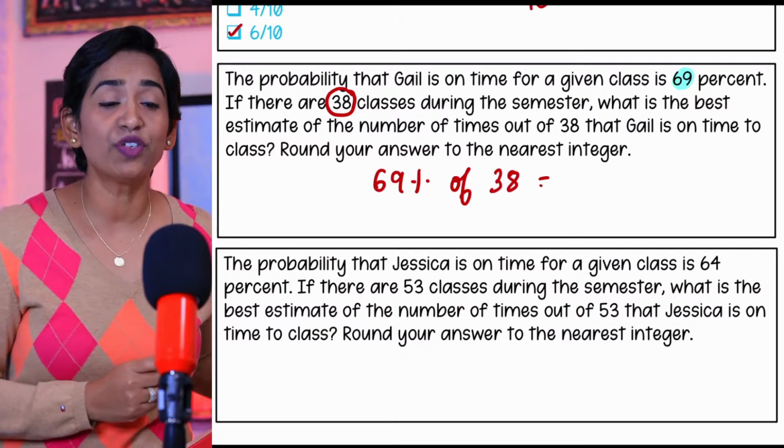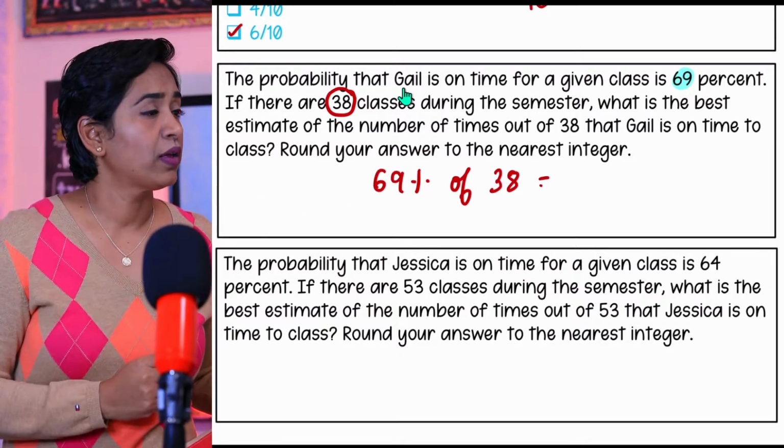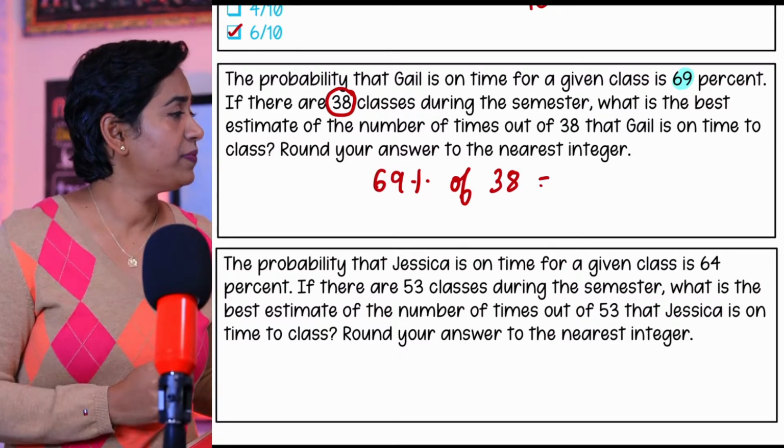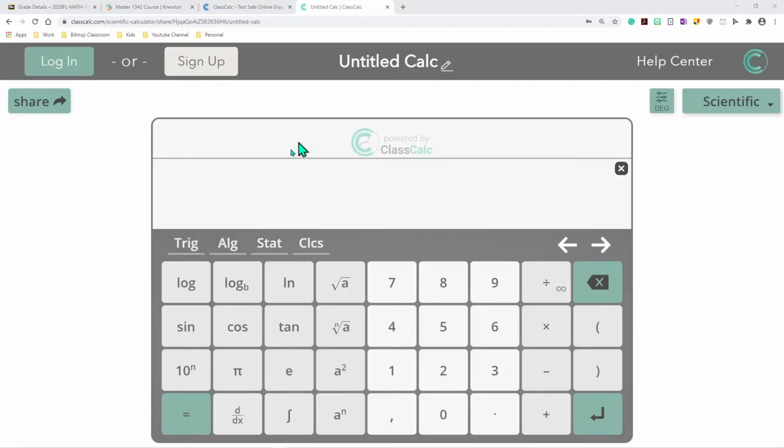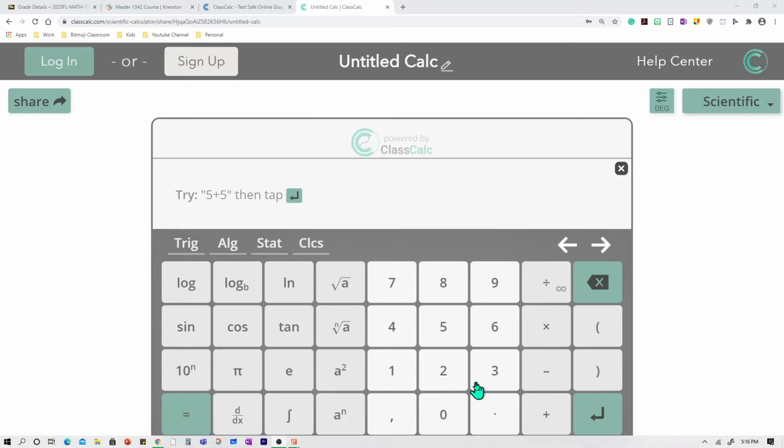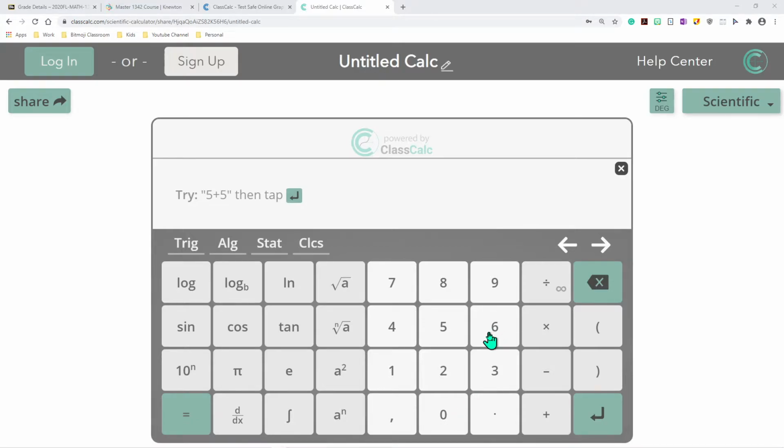So I'm going to use my class calc here. 69% is 0.69, times the number of classes, 38, and you see 26.22.